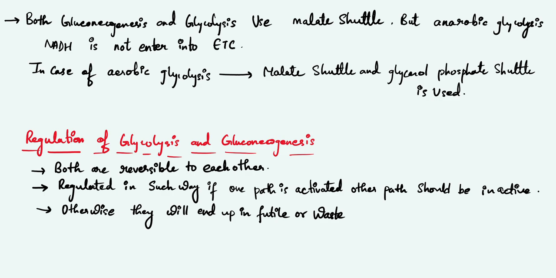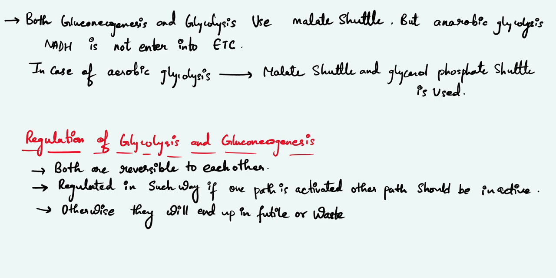Now, regulation of glycolysis and gluconeogenesis: both are reversible to each other, as we have discussed. They are regulated in such a way that if one pathway is activated, the other should be inactive. Otherwise they will become futile, and there is no use of doing that, so we regulate only one pathway at a time, either gluconeogenesis or glycolysis.